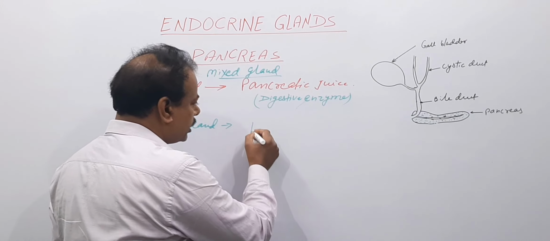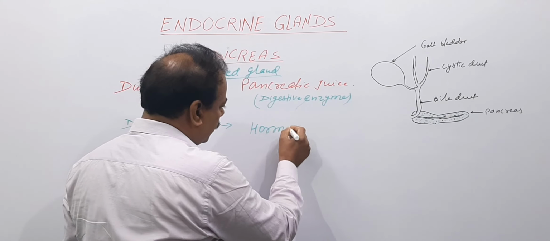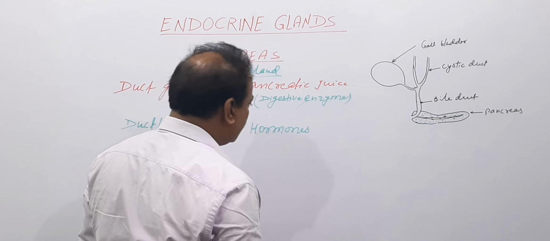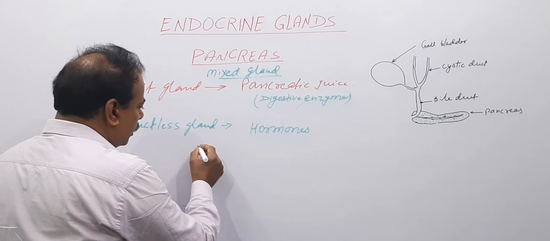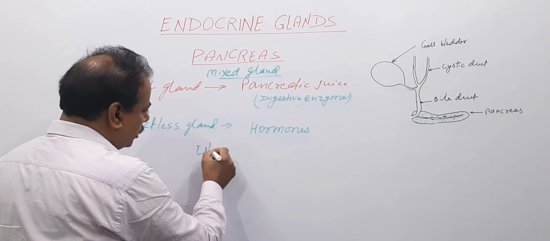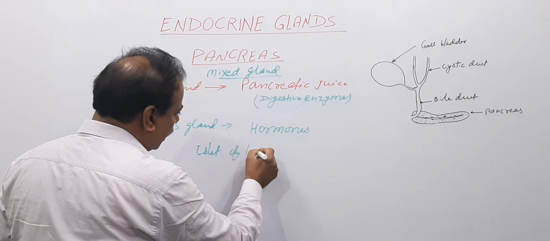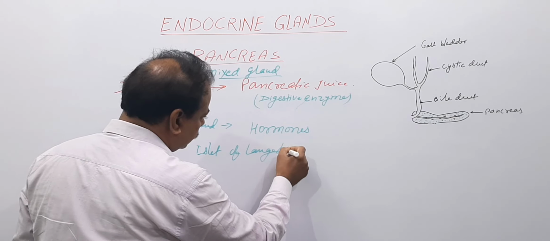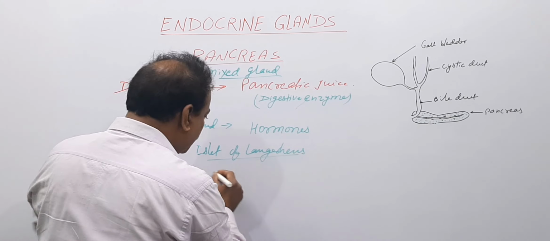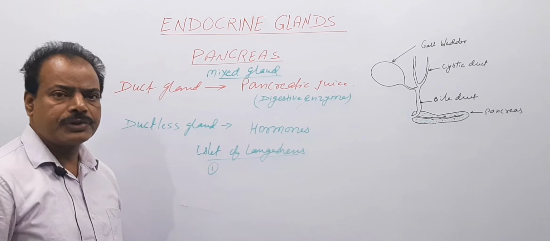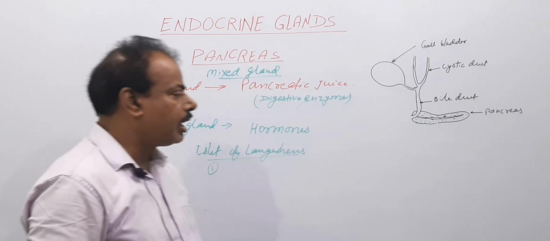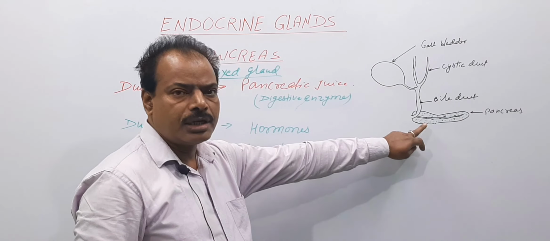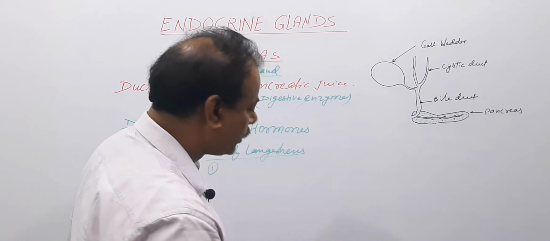These hormones are secreted from the islets of Langerhans. The islet of Langerhans is a collective form of three different types of glandular cells, located throughout the pancreas.